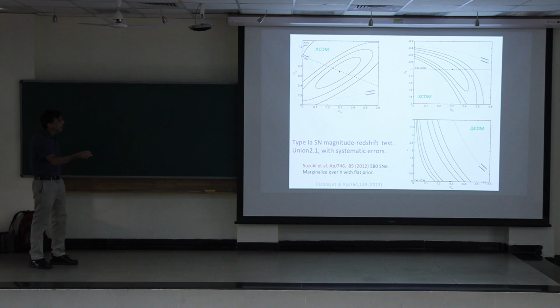So you can see this is type 1a supernovae data from a decade or a decade and a half ago. And you get 1 sigma, 2 sigma, 3 sigma contours, and the best fit values. And you can see a whole bunch of things very immediately. First of all, in all cases, you're mostly in the accelerated part of parameter space. So it doesn't matter what model you use to analyze these data, you always end up with currently accelerated expansion.